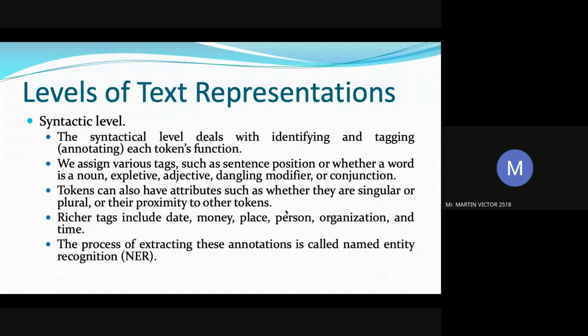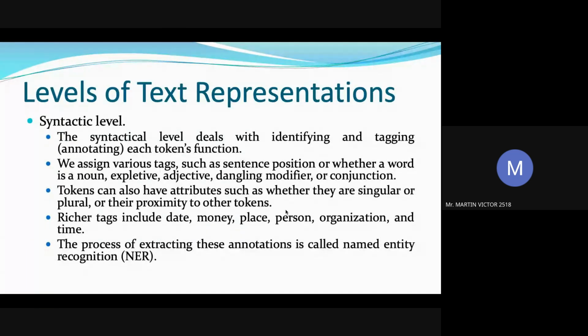Then the second level is the syntactic level. The syntactic level deals with identifying and tagging each token's function. If we have been given a string and that string has been converted to a token, that token should give some additional information.